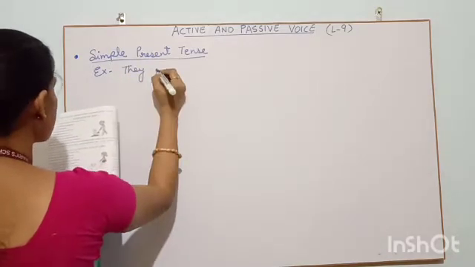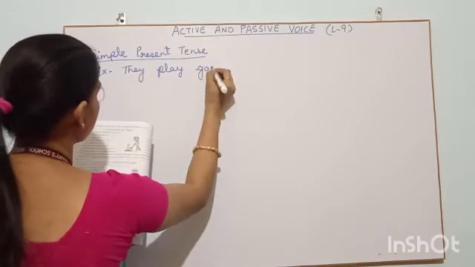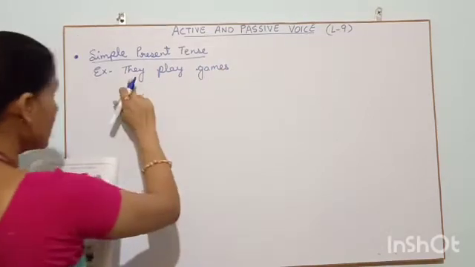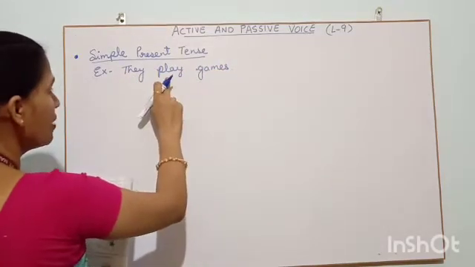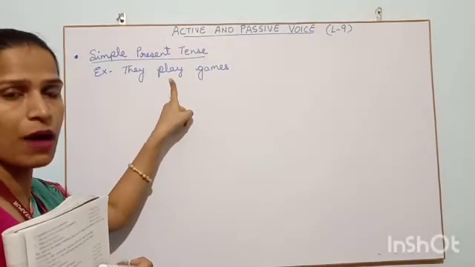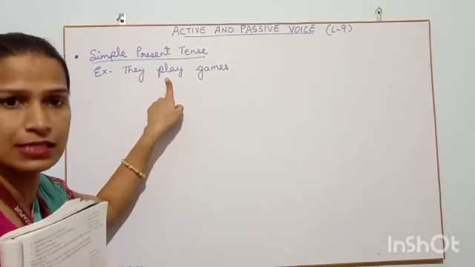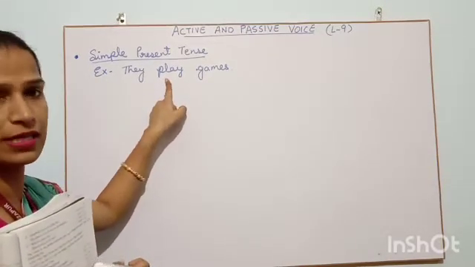The first example I have taken from your book: "They play games." When we look at the verb here, play is the verb, the action word. We can see that play is in present tense. This is in simple present tense, okay?